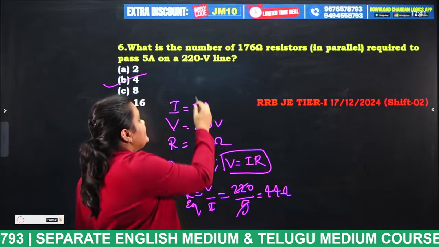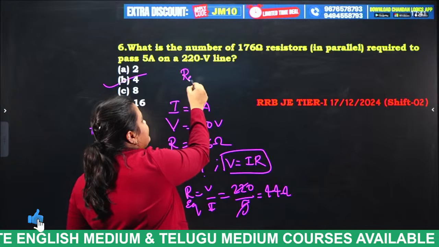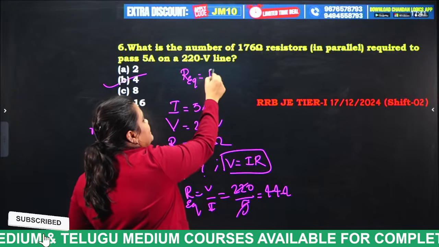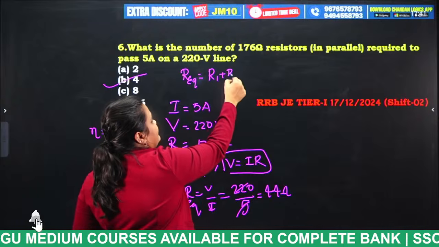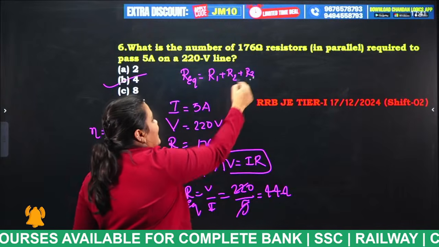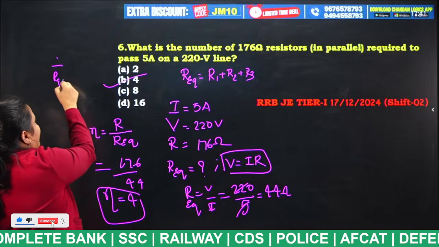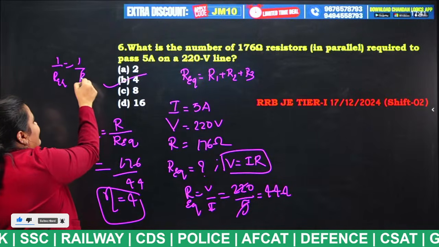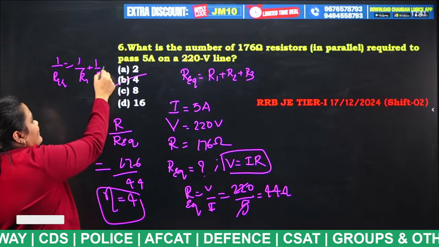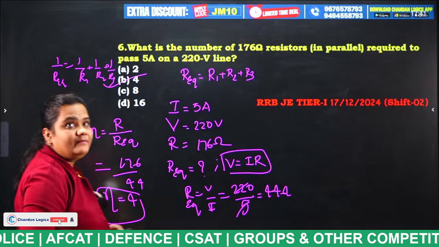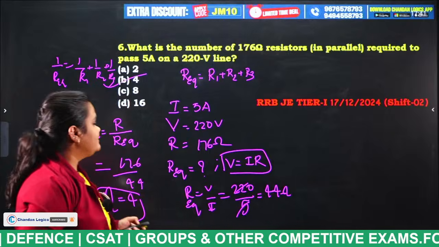In series connection, the equivalent resistance will be the sum of all the individual resistances. And in parallel connection, the equivalent resistance will be 1 by R1 plus 1 by R2 plus 1 by R3. Clear? Next question.